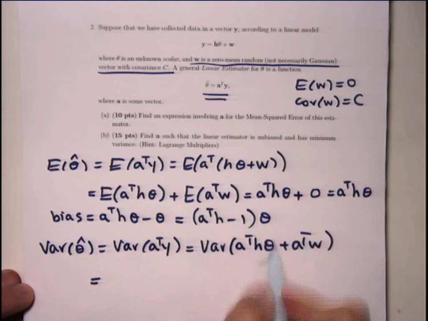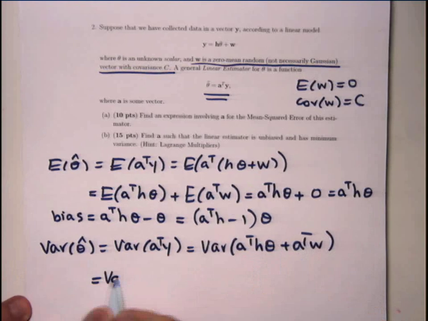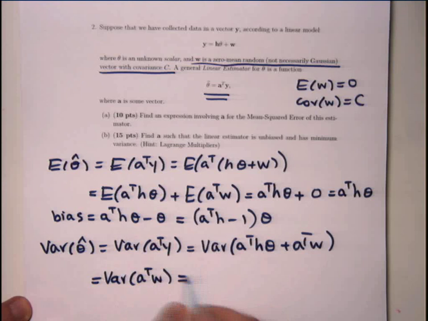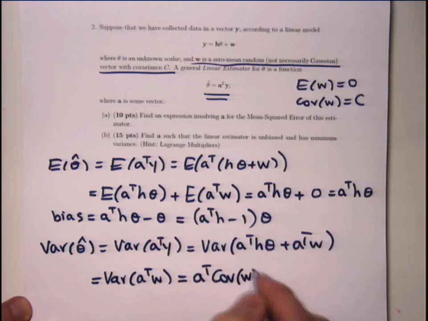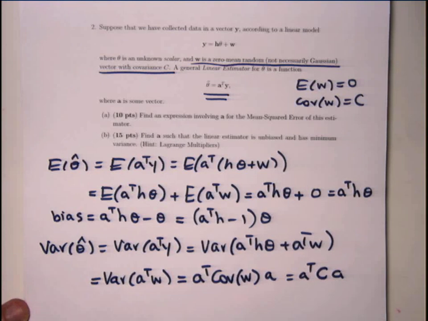This part, A transpose H theta, is not random, so this is the variance of A transpose W. And this is A transpose covariance of W times A, or A transpose C A. Okay?